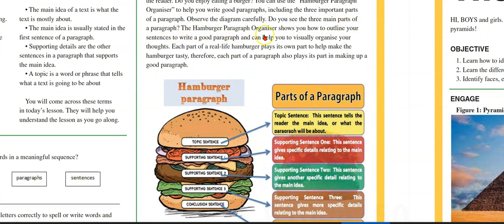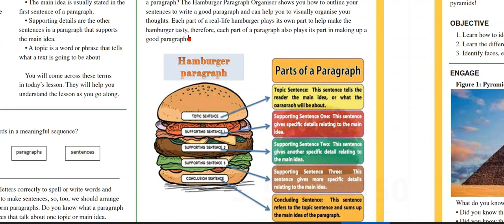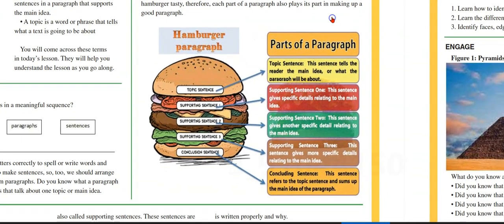The Hamburger Paragraph Organizer shows you how to outline your sentences to write a good paragraph and can help you to visually organize your thoughts. Each part of a real-life hamburger plays its own part to help make the hamburger tasty. Therefore, each part of a paragraph also plays its part in making up a good paragraph.